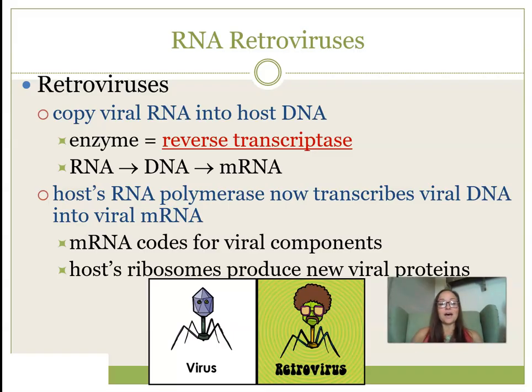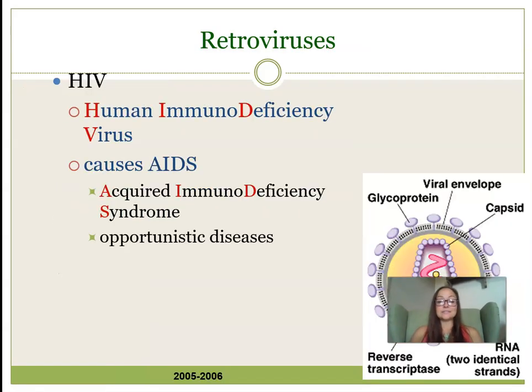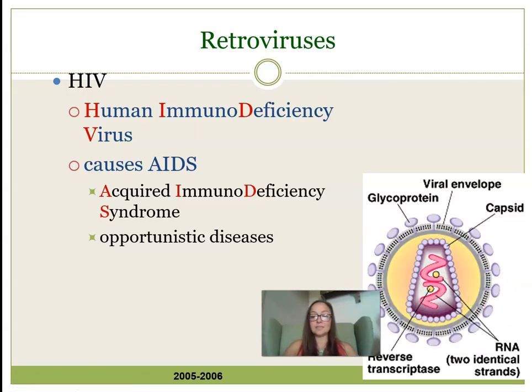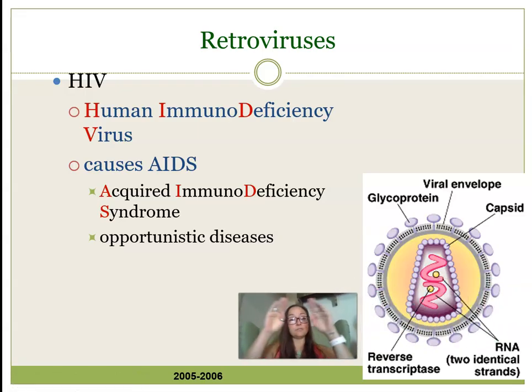And so one of the most famous examples of a retrovirus is HIV. So let's go ahead and see how a retrovirus works. Here you can kind of see the glycoproteins around that virus. You can see the pinkish color RNA, as well as those yellow circles are the reverse transcriptase.